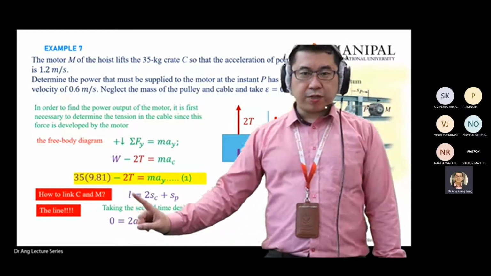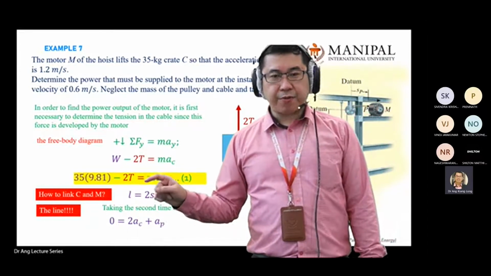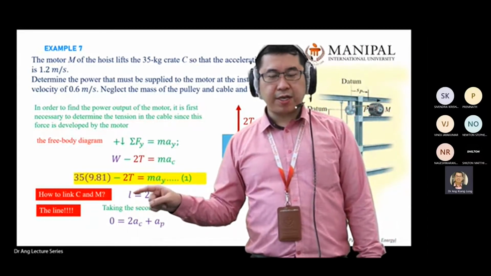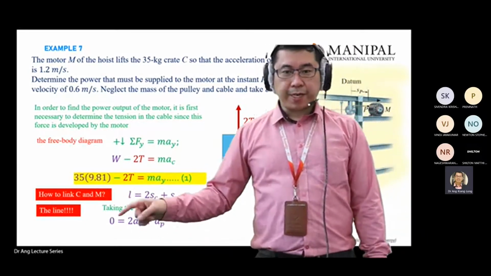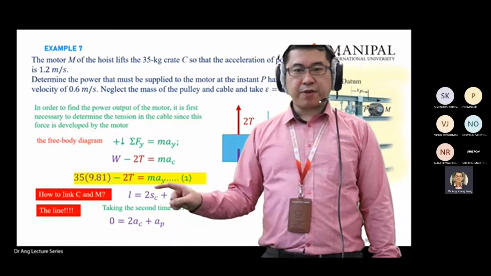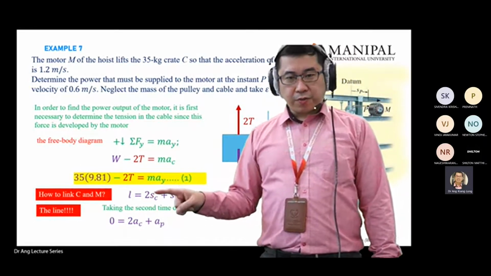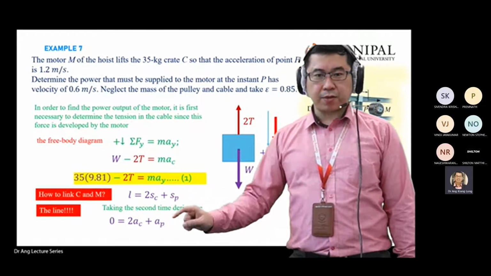When you differentiate, the length becomes velocity, and you know that the length doesn't change over time, so it becomes 0. If you differentiate the displacement over time, you get velocity. You differentiate one more time, you will get acceleration. Same with this one also.